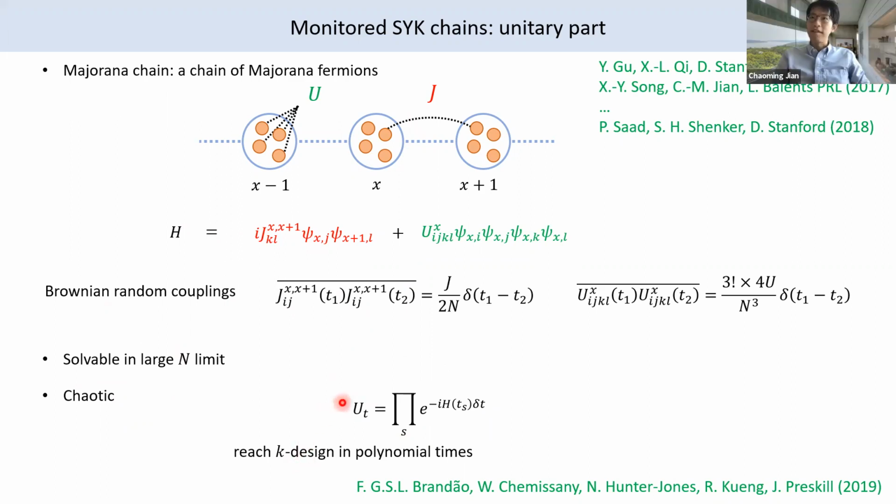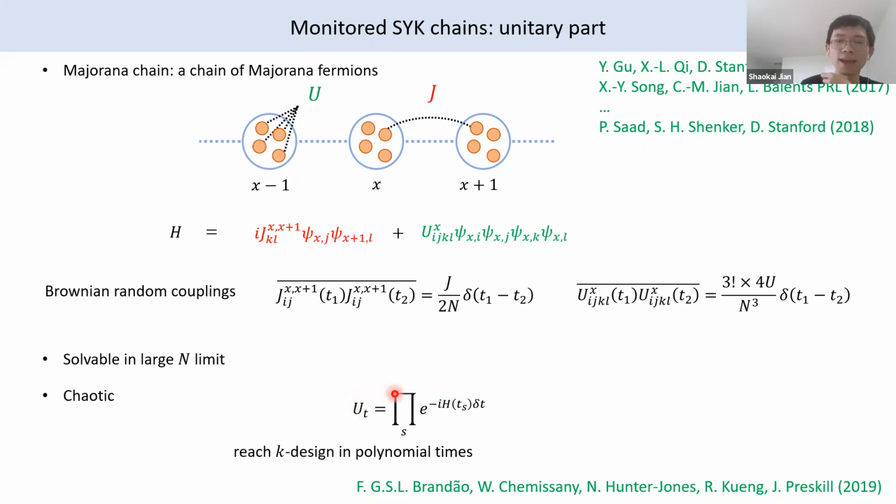What is the K for the K-design? Say you have an ensemble and you calculate the moments of the distribution, and they are the same as the Haar ensemble. I thought K means you could reach the same result if you care only about moments up to K, but I'm wondering what the value of K is for SYK-type models. It's the same. You have U_T and U_T dagger, and that is one design; it matches the result of the Haar ensemble.